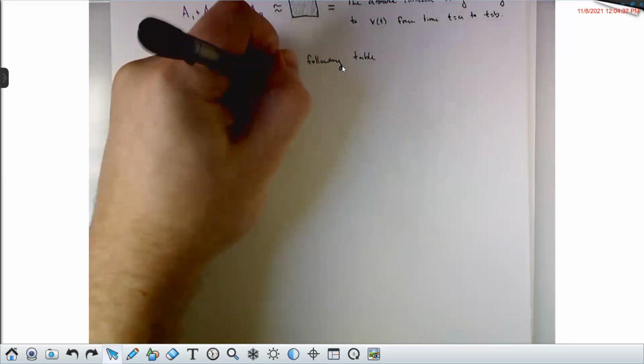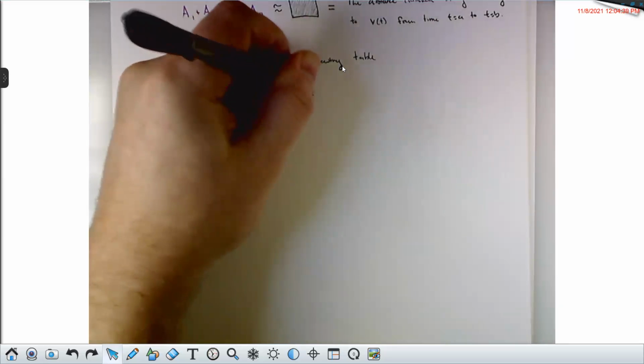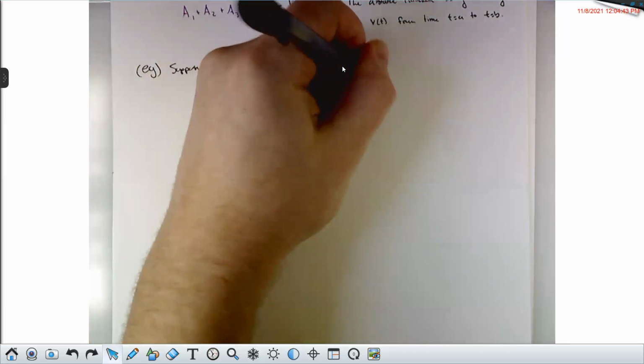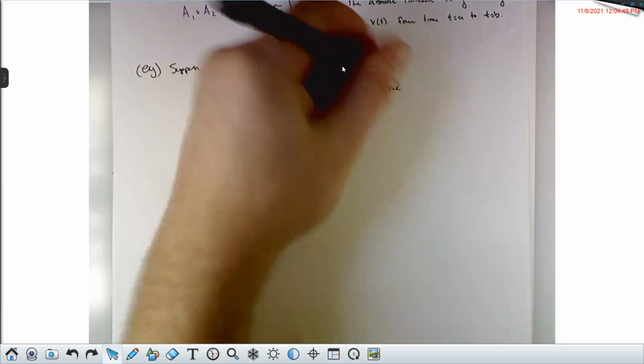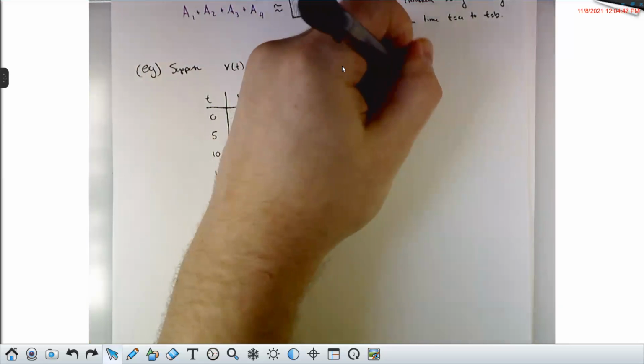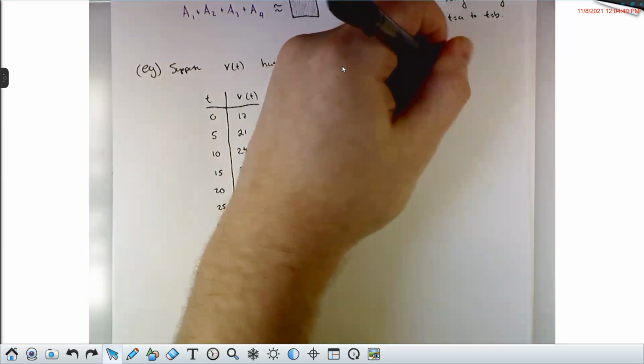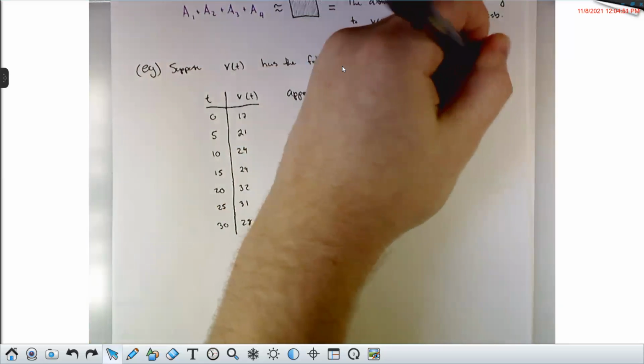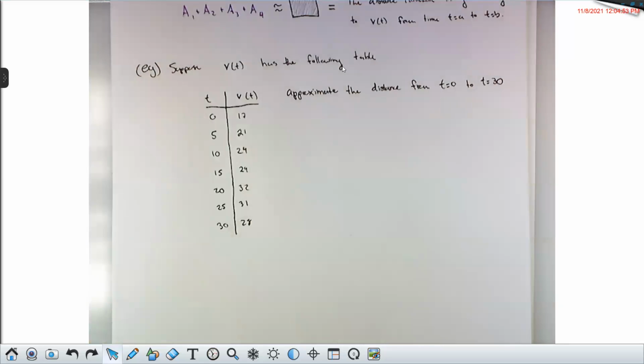So let's approximate the distance traveled from t equals 0 to t equals 30. And before I do that, I'm going to plot this thing really quick.